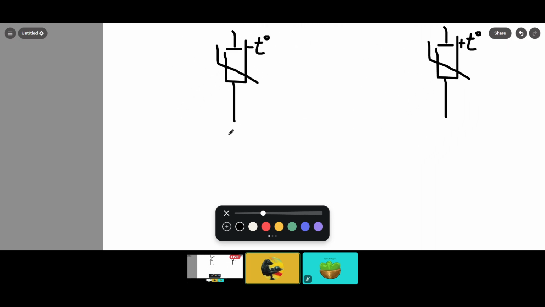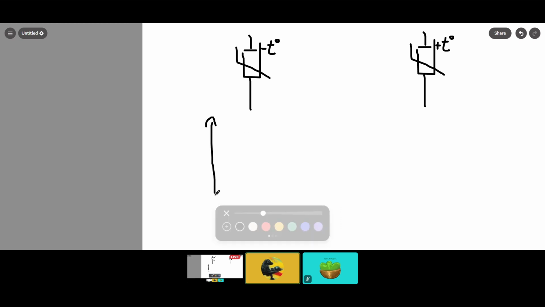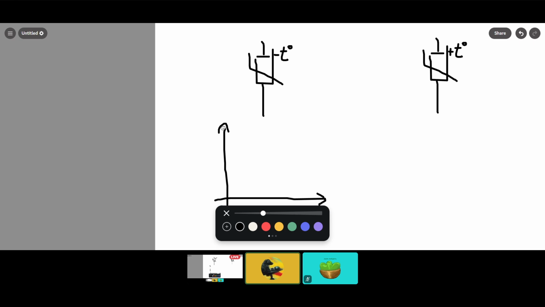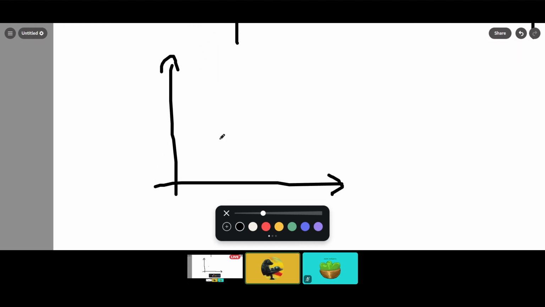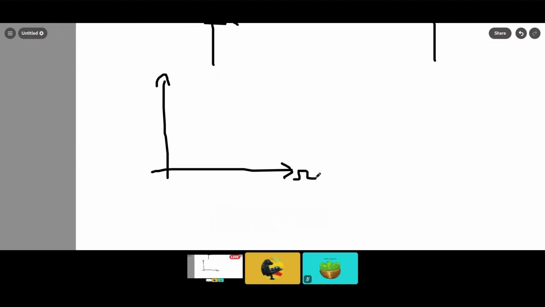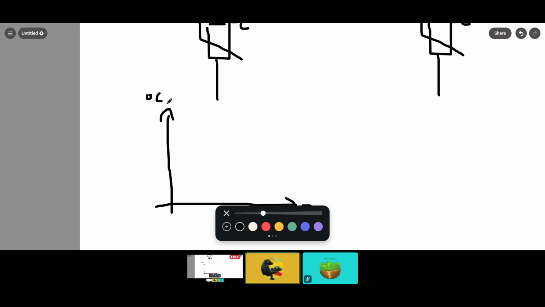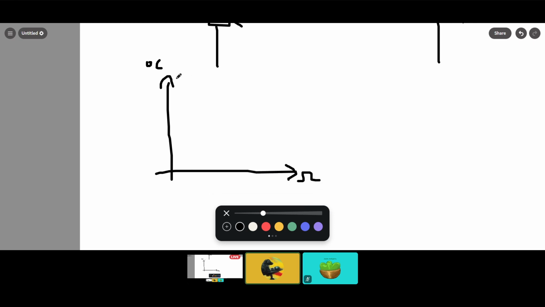For the NTC thermistor, its resistance plotted against the temperature would look something like this. Let's say this is resistance, and this is temperature. Give me a second.